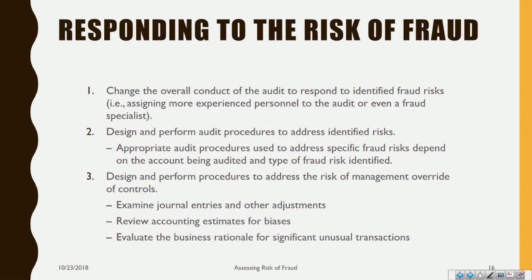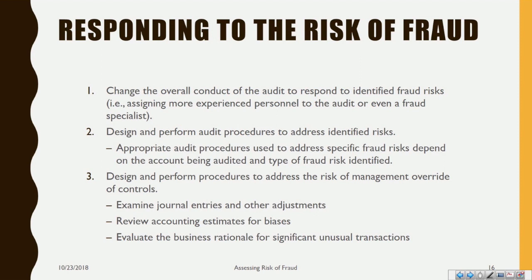Some standard things that auditors should do address the risk of management override of controls. So the company could have effective control activities, but if management overrides those controls, then they're not effective. And so an auditor doesn't necessarily know that management overrides the controls. Some things they would do would be to examine journal entries and other adjustments.